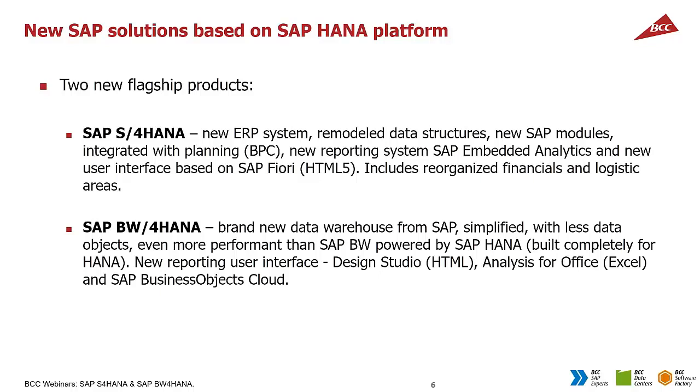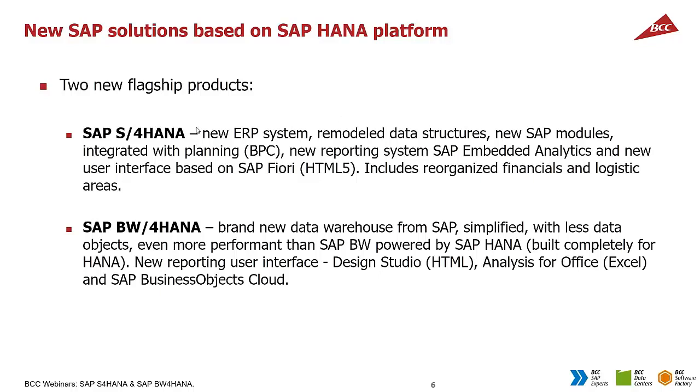With fewer data objects, it's much more performant, designed especially for the SAP HANA platform, and with a new reporting user interface, it will use the new Design Studio, Lumira 2.0 and Analysis for Office Excel, and also BusinessObjects Cloud as the user interface. So it's also a brand new system, even newer than the S/4HANA ERP system.